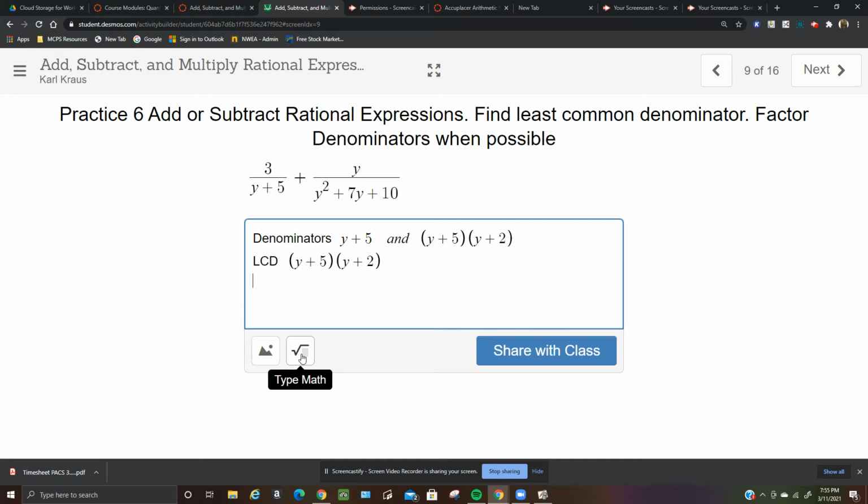And then you want to multiply the numerators by the missing factor. So 3, the missing factor there is y plus 2. And there are no missing factors in the second expression, so plus y, divided by the LCD.